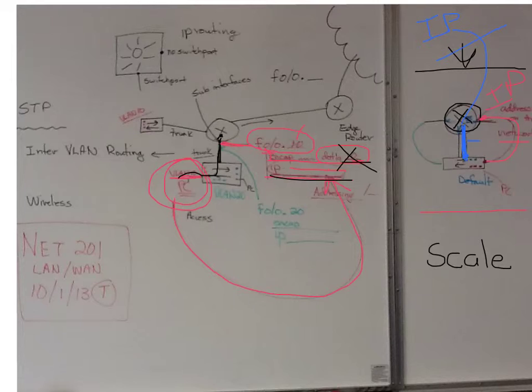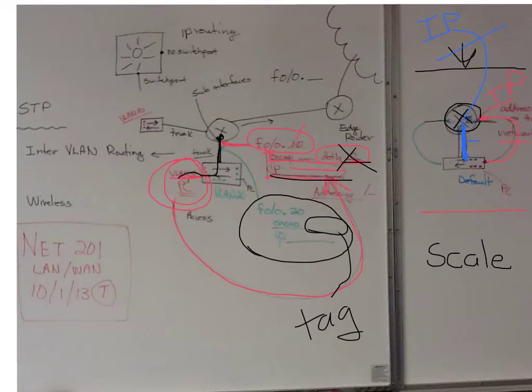Now, if it's going to, for example, the green network, this network down here, it'll queue it up to go out the same interface. And when it comes out that interface, it's going to encapsulate it, or actually tag it, if you want to think of that. It's going to tag it with that green VLAN number.